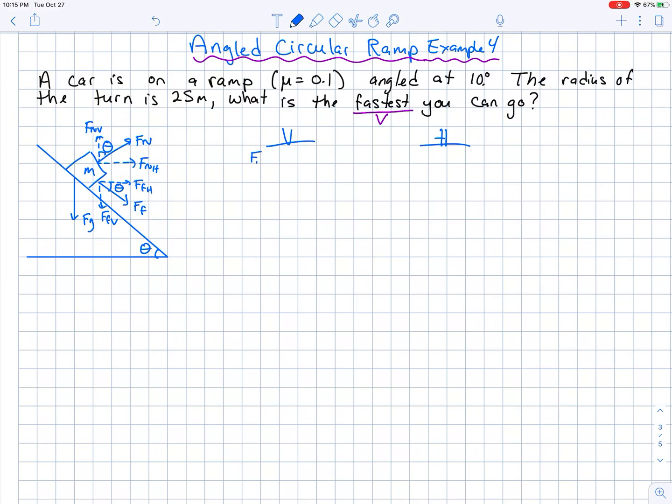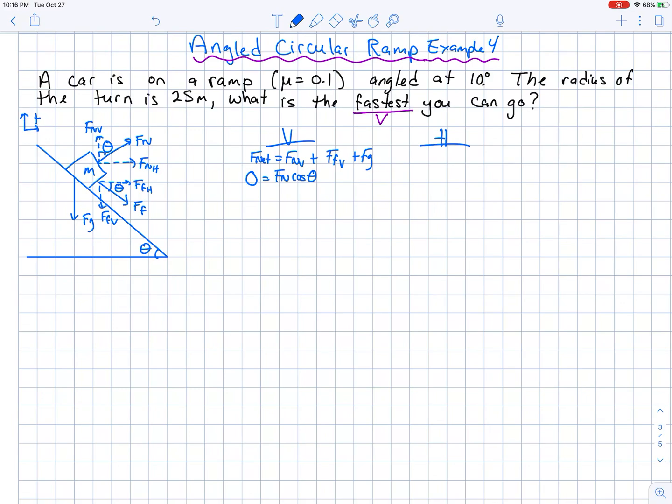All right, so we are going to now set up our T-chart. We've got vertical and horizontal, starting with the vertical balance. F net is equal to the vertical component of the normal force plus the vertical component of the frictional force plus the gravitational force. We don't want any movement vertically, and so 0 then is equal to the vertical component, which will be Fn cosine of theta.